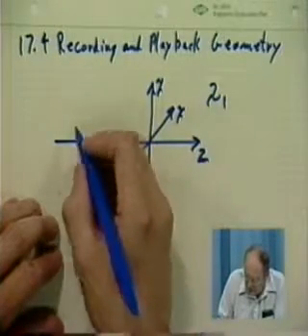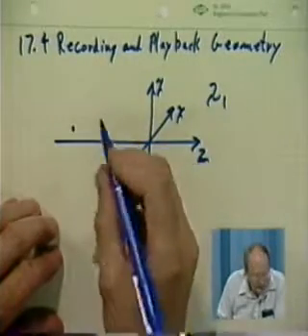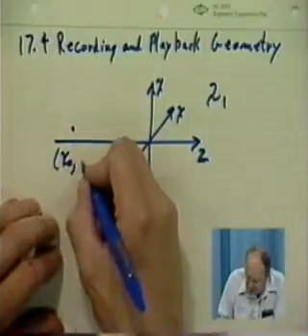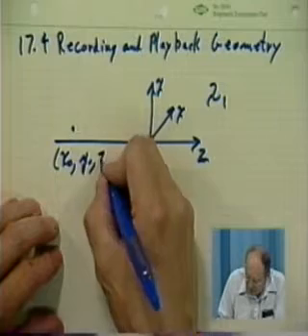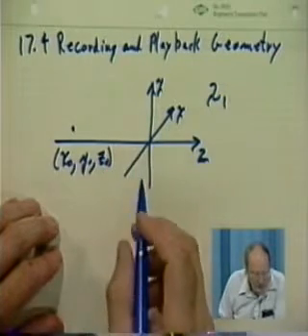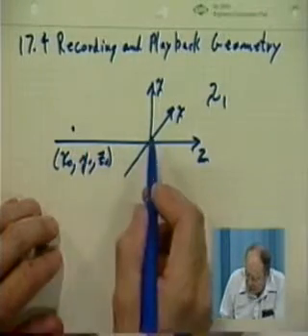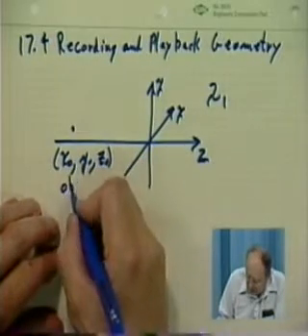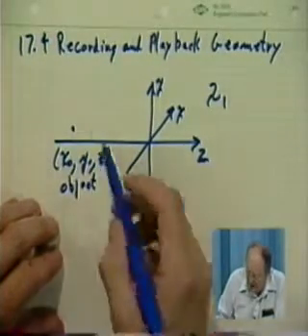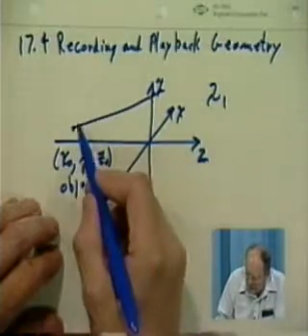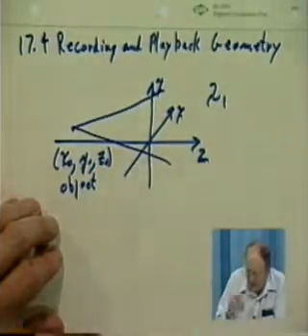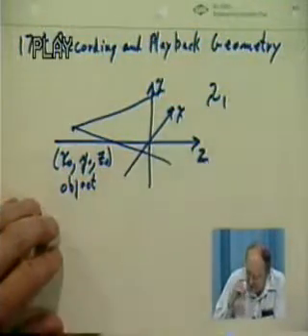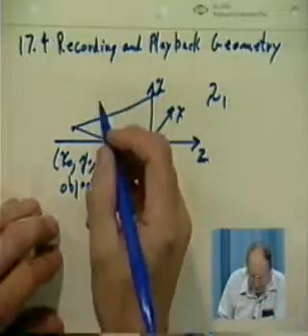The object source is here someplace, and it's going to have coordinates x0, y0, z0. So it's back here at distance z0. That's the object. We're just going to have a single point for the object; any real object is made up of a collection of points, so looking at single points is fine.